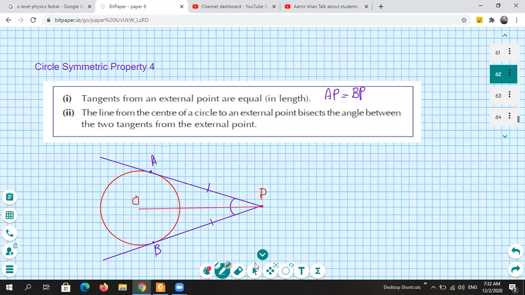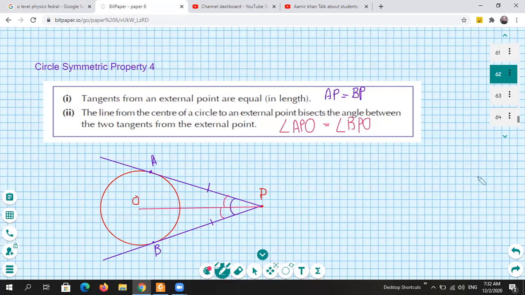Bisect means it will make equal parts of this angle, like the first one and the second one, and these two angles will be equal as well. It means angle APO will be equal to angle BPO. So this is the second point of property number 4.